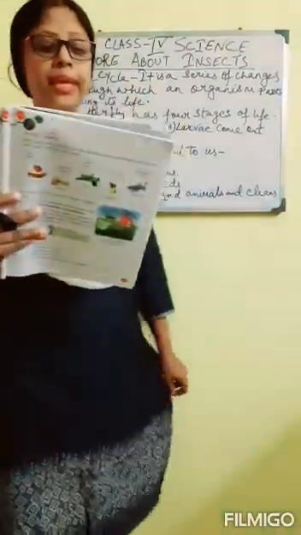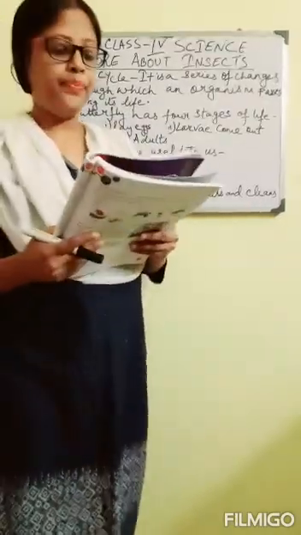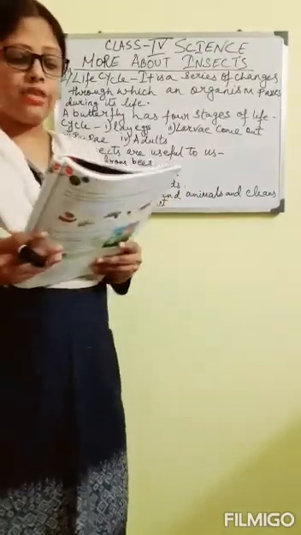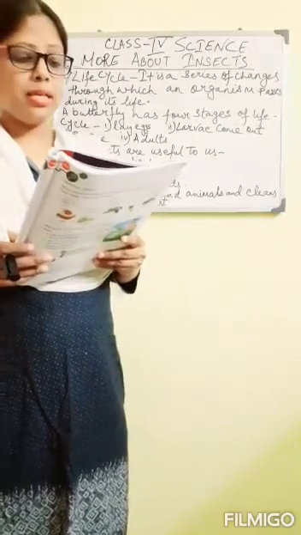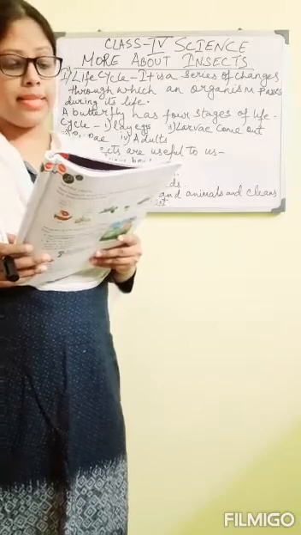Let us go through page 40. The 4 stages of life cycle of a butterfly. A butterfly lays eggs. These eggs hatch and larvae come out. They are known as caterpillars. They eat leaves and grow in size.